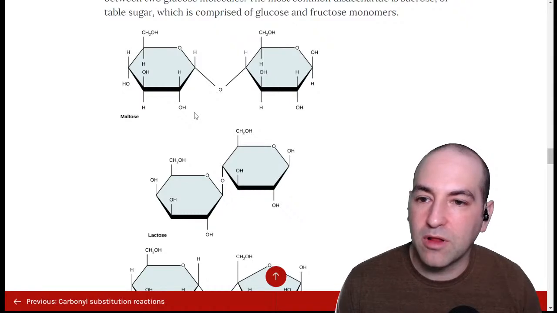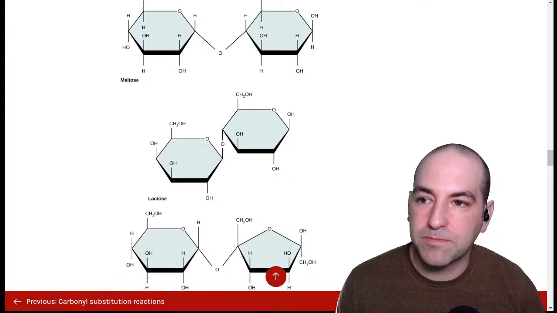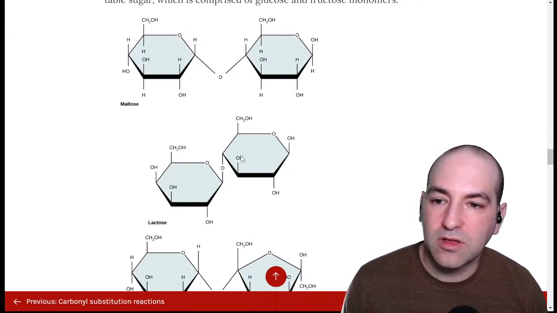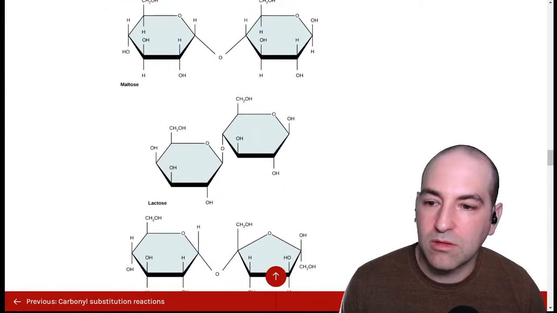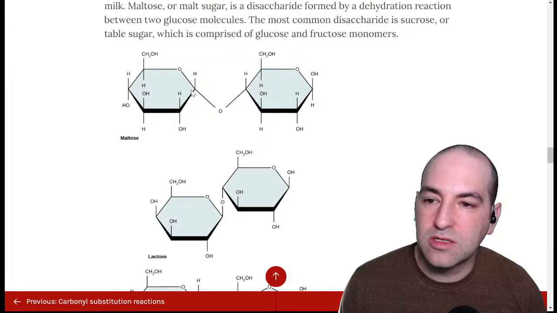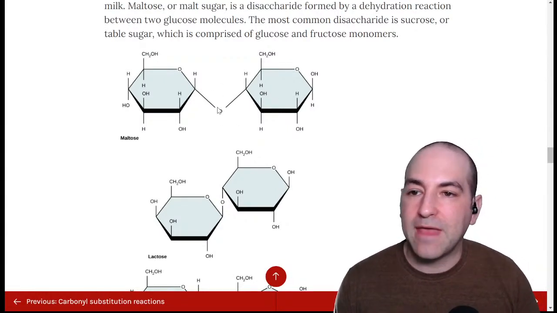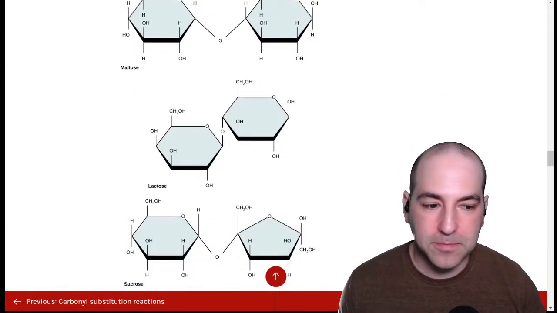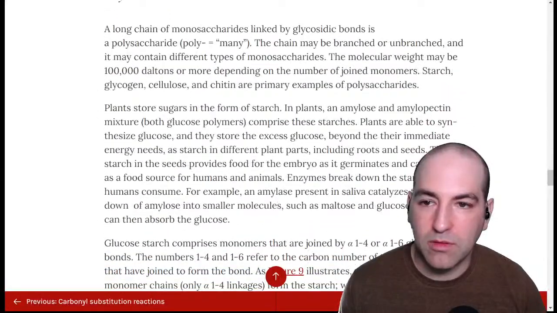So for example, sucrose was made of a glucose and a fructose, whereas lactose is made of a glucose and a galactose. And depending on the orientation that these things are in, that makes a slightly different structure for how they connect there.